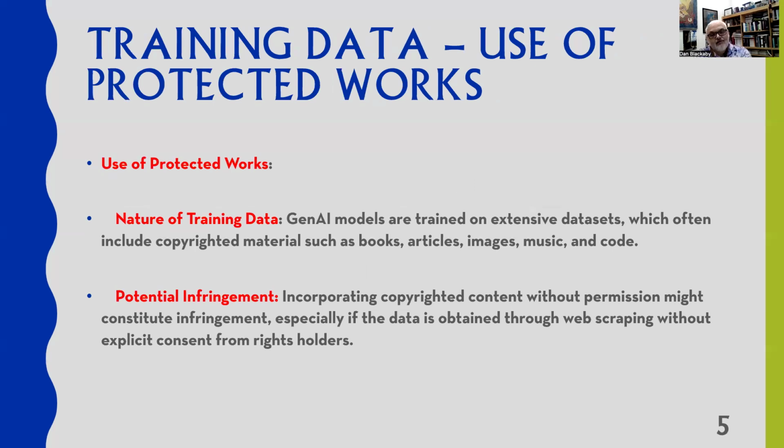Okay. Now this is where we're getting into the Gen AI of it all. So ChatGPT, any of those OpenAI systems, Perplexity, all of these things are using copyrighted material as training data.